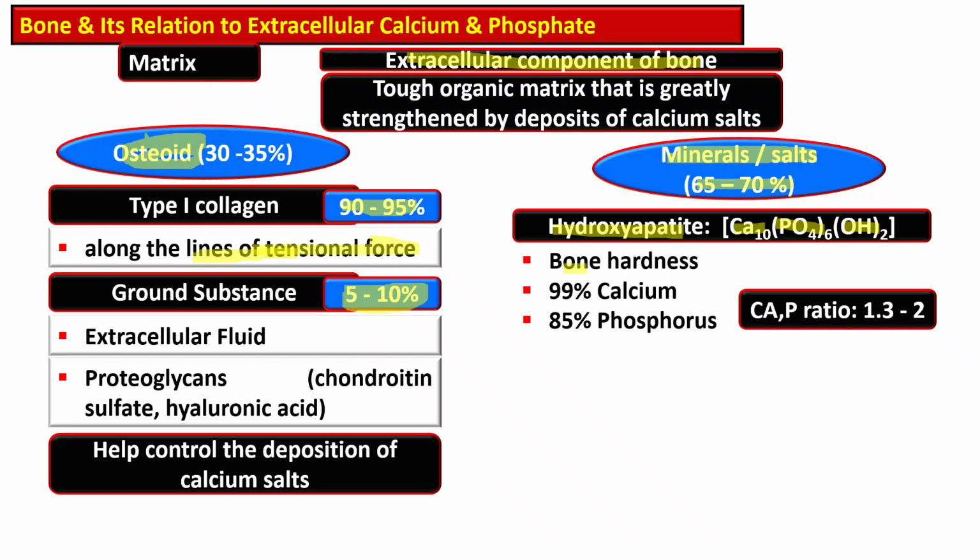This hydroxyapatite is responsible for hardness of the bone and also serves as a reserve for 99% of the calcium and 85% of the phosphorus.